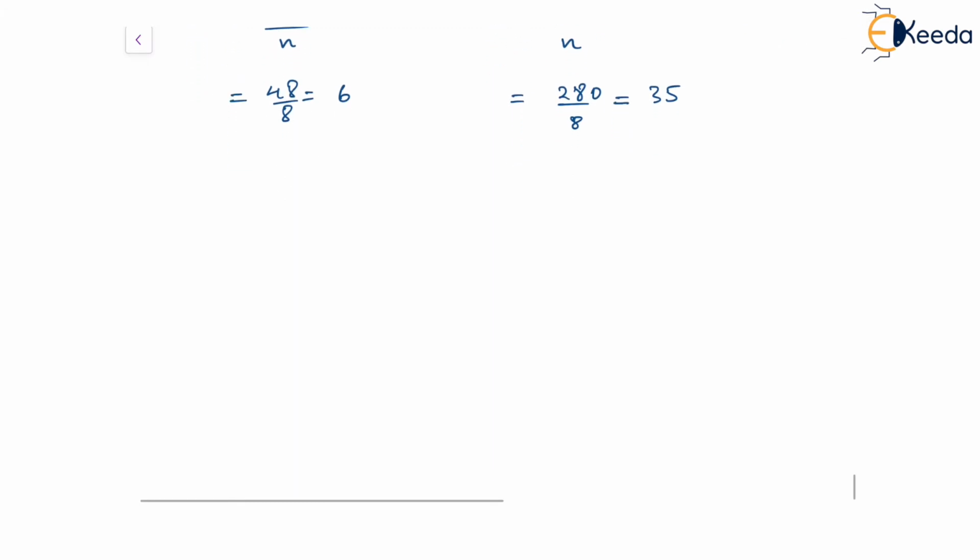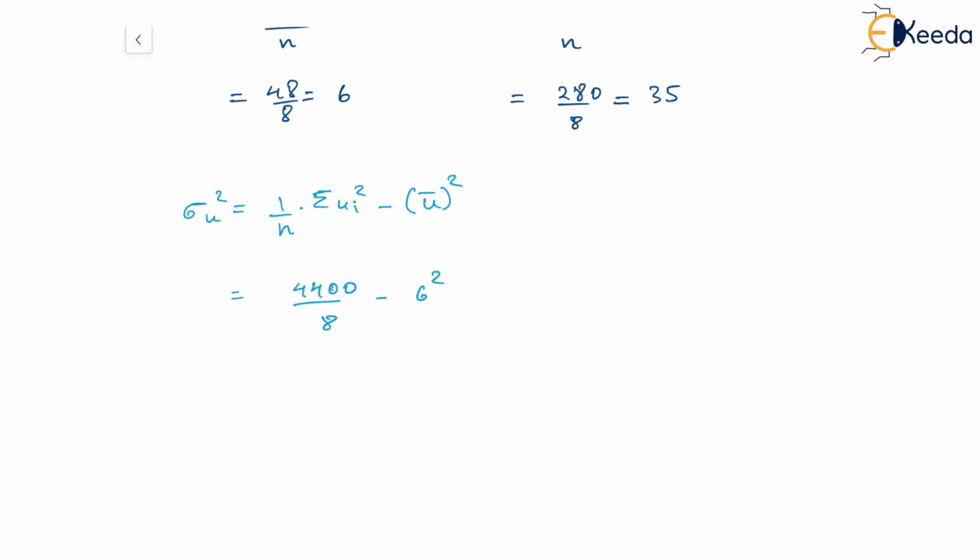So with this we may find the variance of u and v both. Now sigma u square can be given as 1 over n times summation of ui square minus square of u mean. This will be given as 4400 over 8 minus 6 square, and that comes out to be equal to 514.